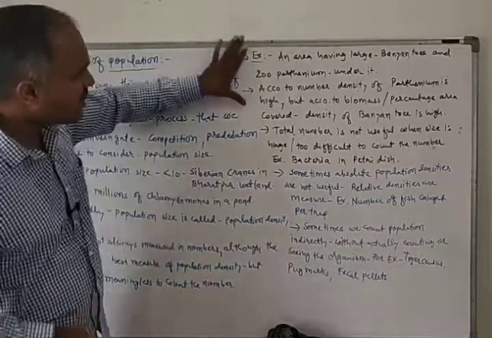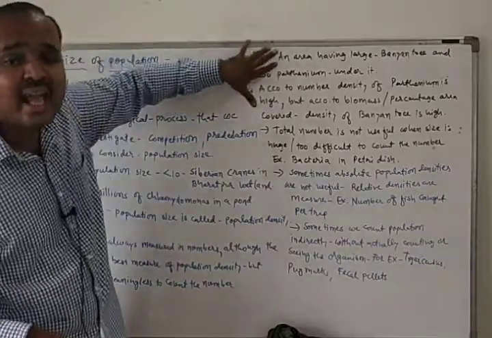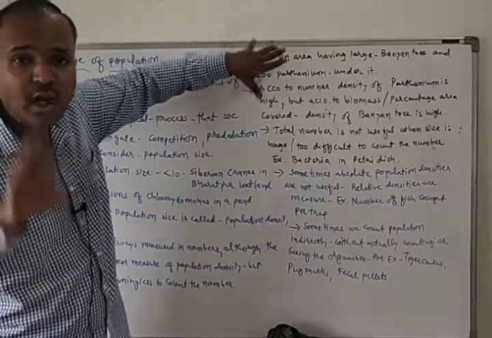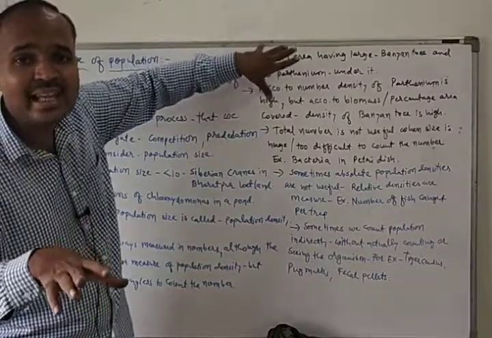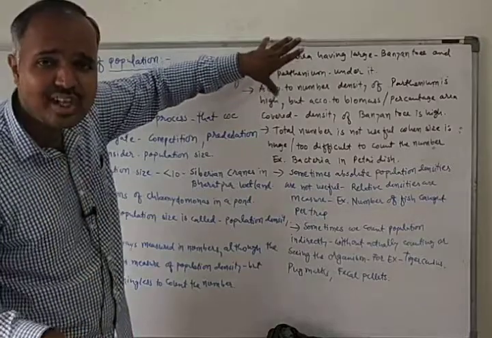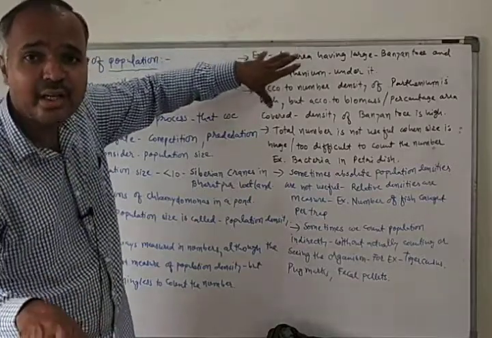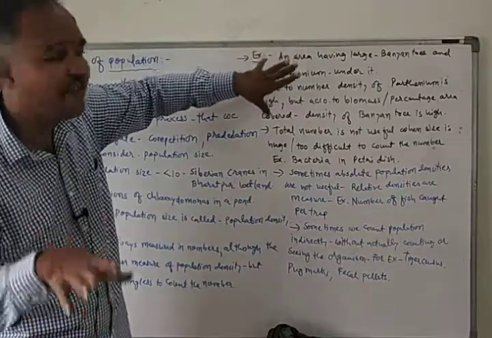So this example explains why the total number is not useful to measure population density every time.